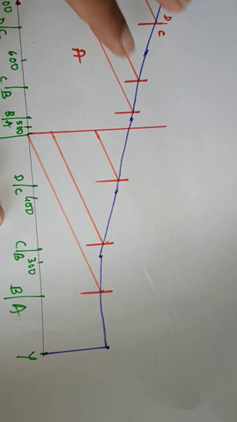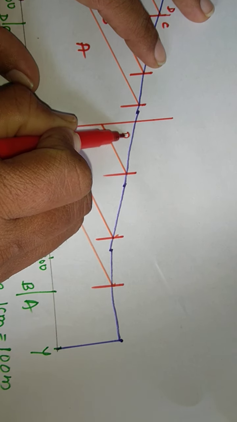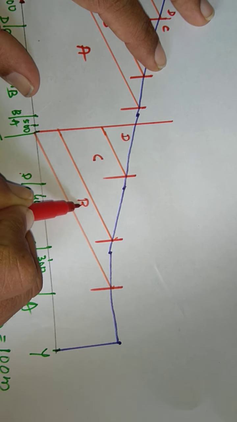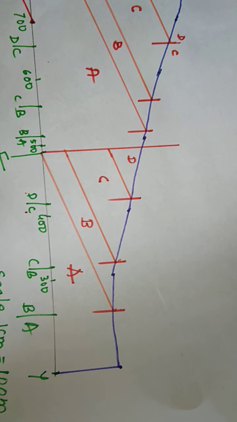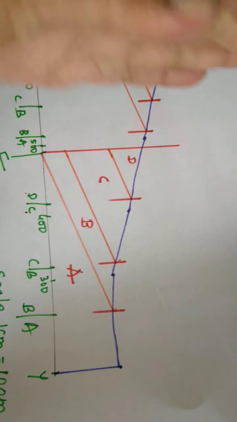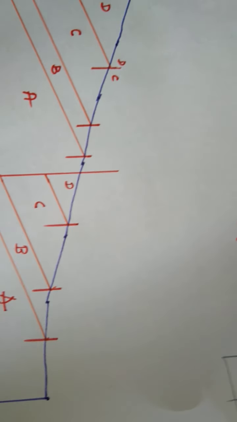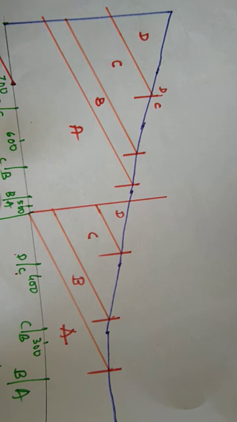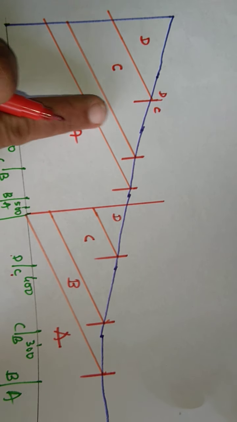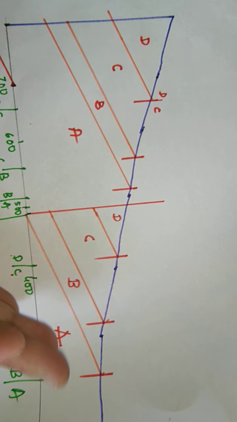Similarly this side also, this is DC bed, so this is D, C, B and A. So you can see the repetition of the beds. So this shows the faulting. So here there is a fault line. Which side has gone down and which side has moved up, you can easily make out. These beds are moved up and these beds have moved down.